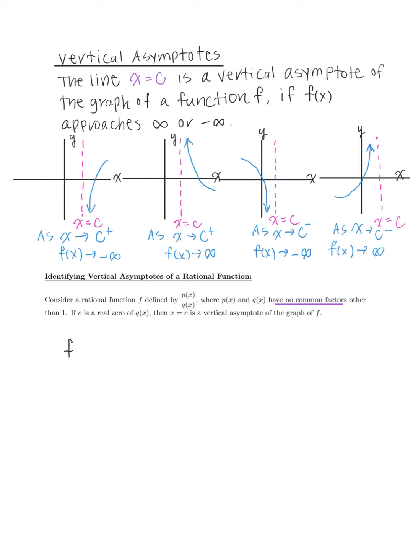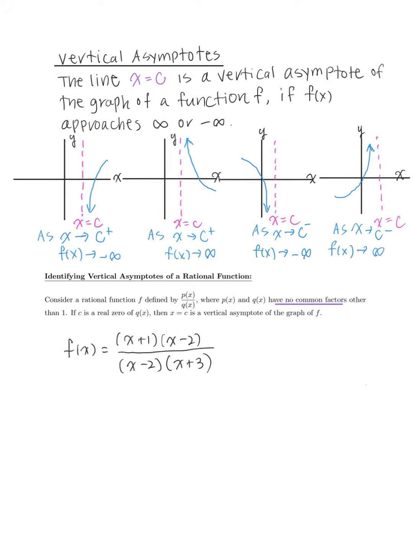Suppose we have f of x equals x plus 1 times x minus 2, whole thing divided by x minus 2 times x plus 3. Here, do we see that we have a common factor of x minus 2? So we can easily cancel these 2.